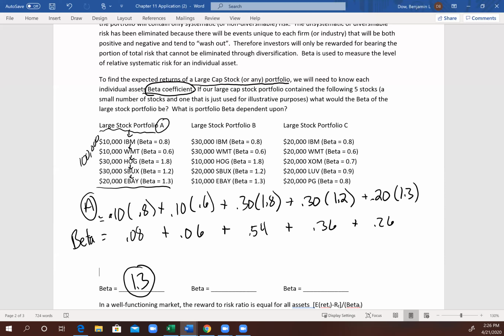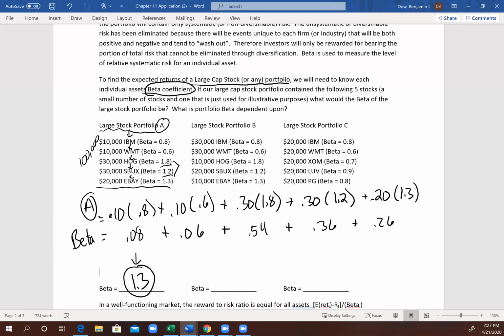Now you can see here, okay, this mutual fund manager is holding more money in higher risk stocks. So his expected return is going to be higher, or required return.